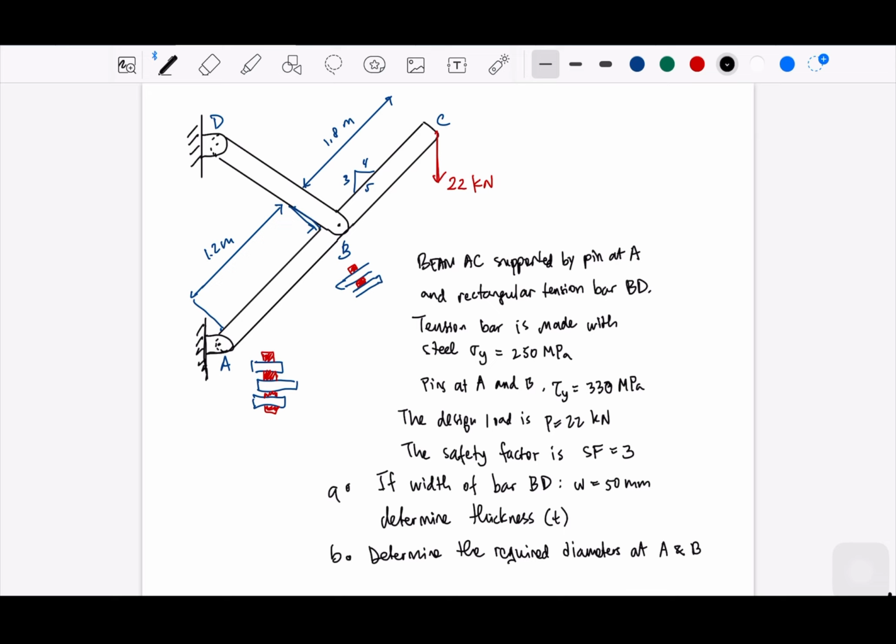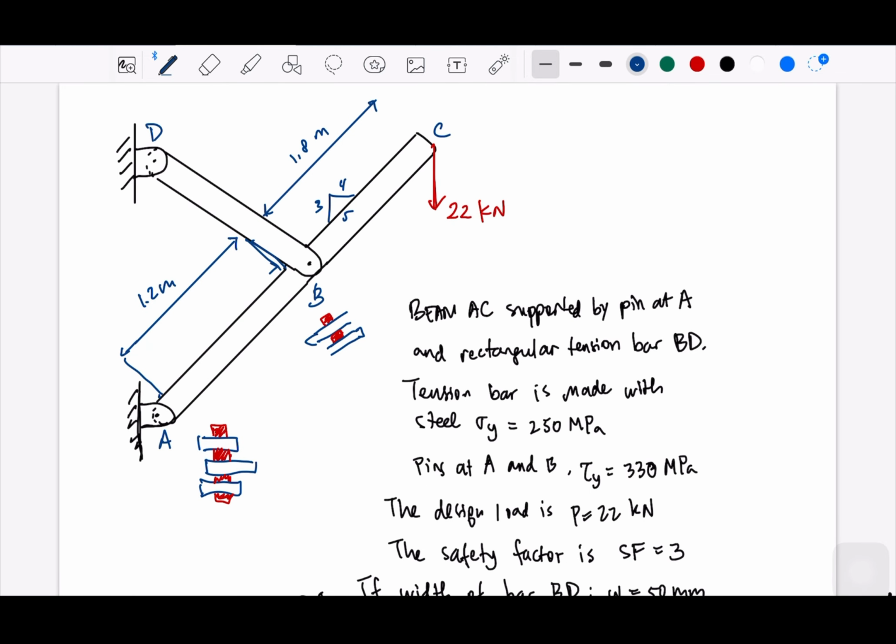So the width for BD is here. This one shows the width.